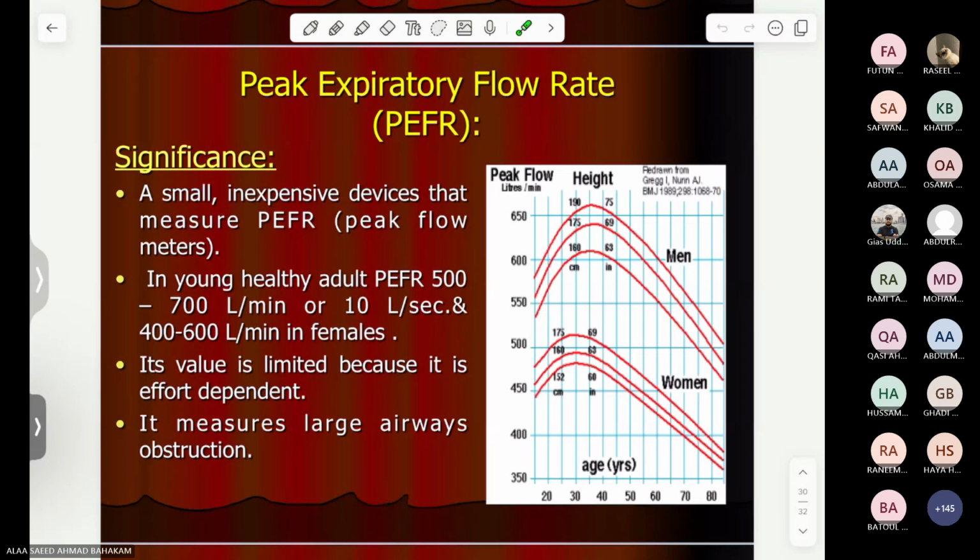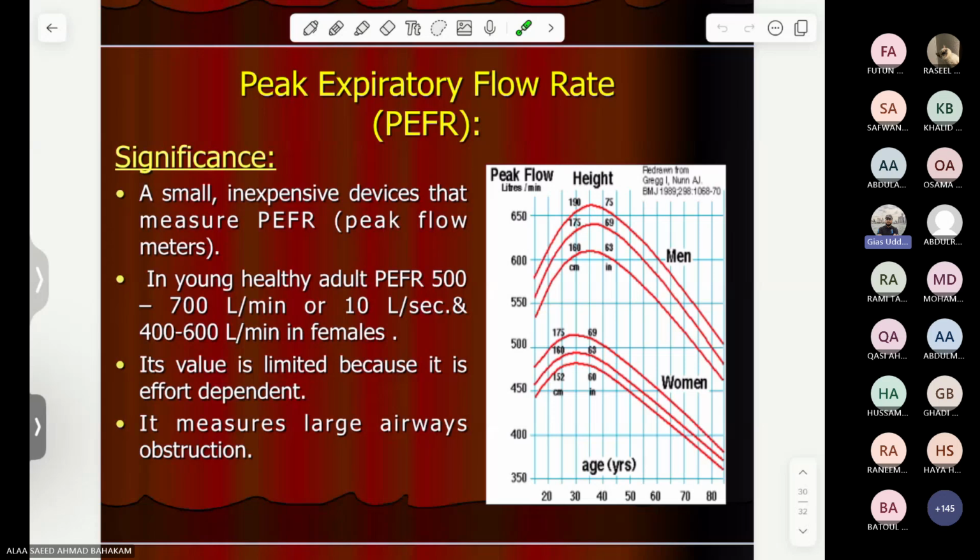Here you see, in this picture on the right side, it is showing the difference between men and women. On the left side, you can see the peak flow volume in liters per minute, depending on the age. So peak flow is at its peak when you are around 30 to 40 years of age, and then it declines in both men and women.